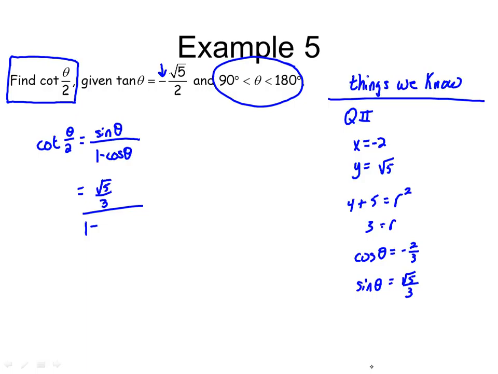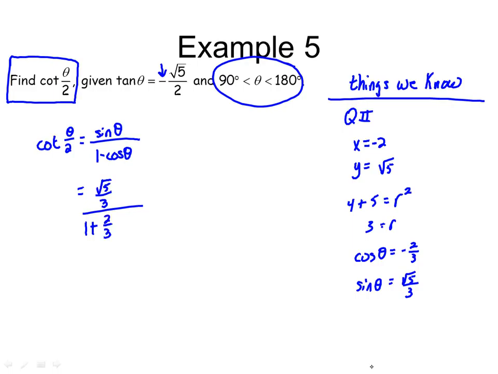Okay, now watch what I'm going to do. The formula says 1 minus cosine theta, but cosine theta is negative, and minus a negative is a positive, so I'm going to put 1 plus. Don't think that I used the other formula. 2 over 3. From here, pure math.